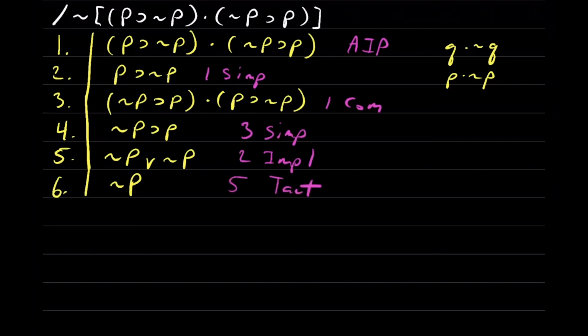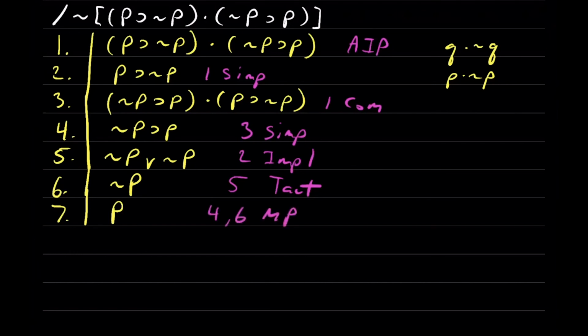But once I have not P, notice that line 4 tells me that not P implies P. So I know I can also get P now, still inside the scope of this assumption line, from lines 4 and 6 by modus ponens.